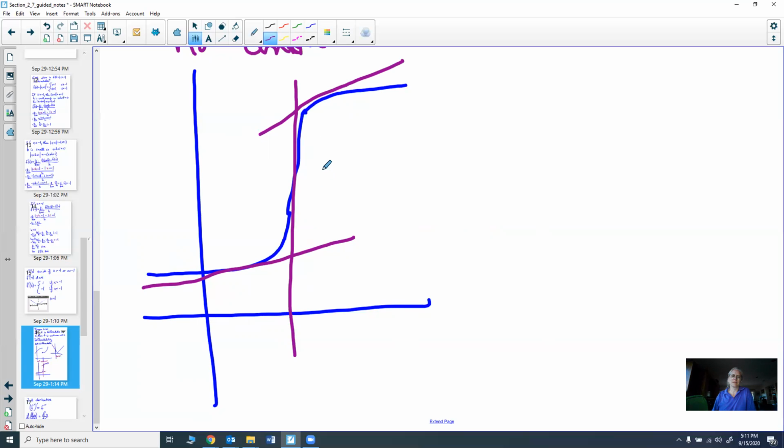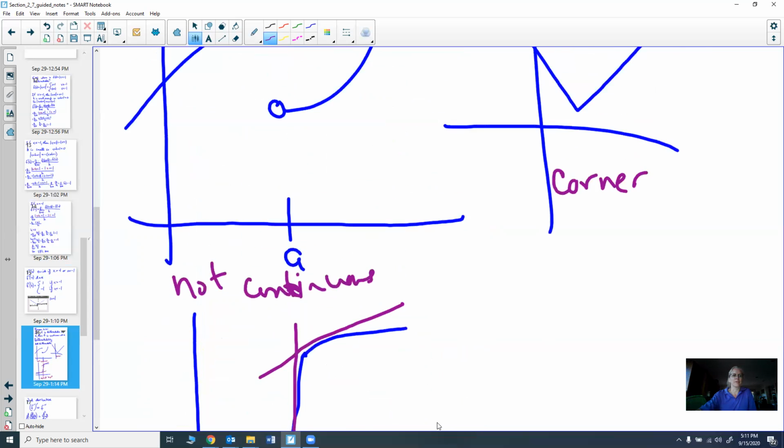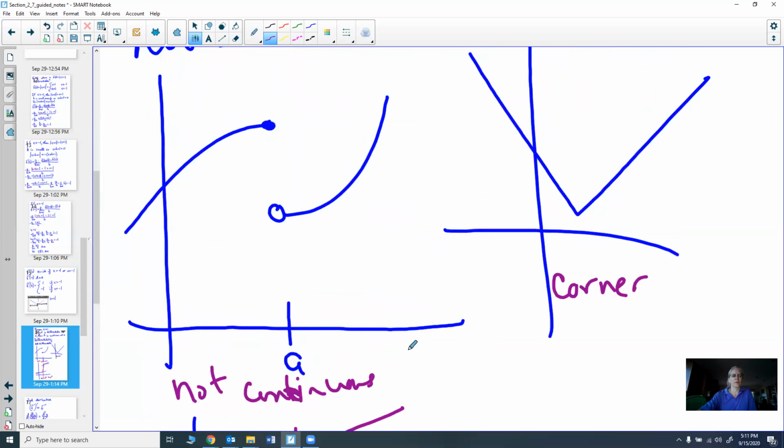And vertical lines have an infinite slope, so they have no slope. So if we happen to have a vertical tangent, then we are not differentiable. So those are your three cases you look at for whether something is differentiable at a point: you look at the graph and determine if there's a vertical tangent, if it's not continuous, or if there's a corner at that point.